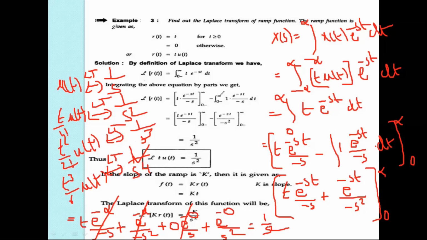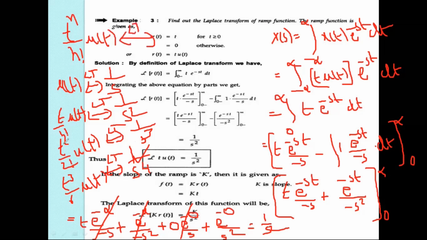Got it? So, the nth term, it is t power n, here the 3 plus 1, that is 3 here and the 6. So, means t power n by n factorial with the mu of t. What is the Laplace transformation by observing this?